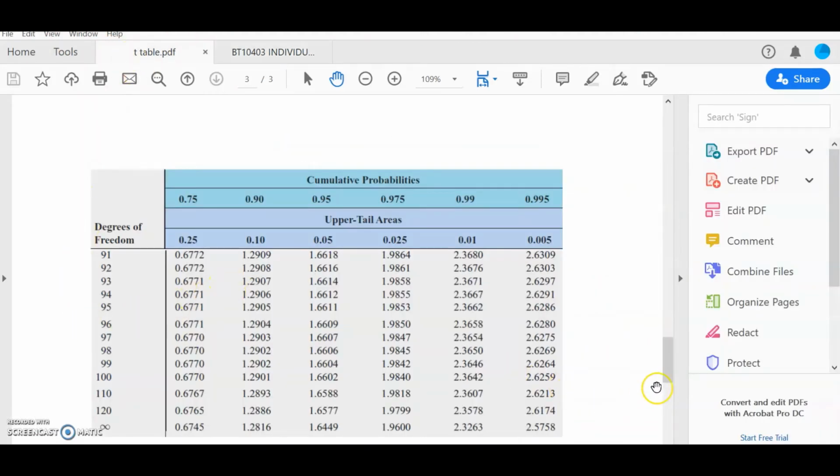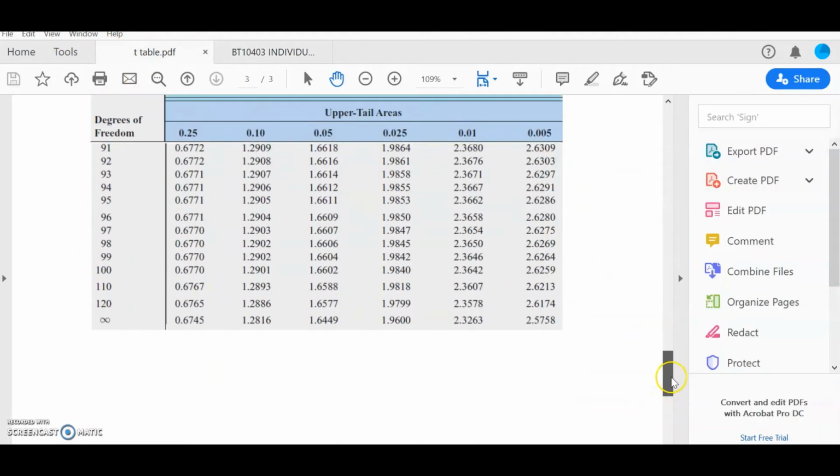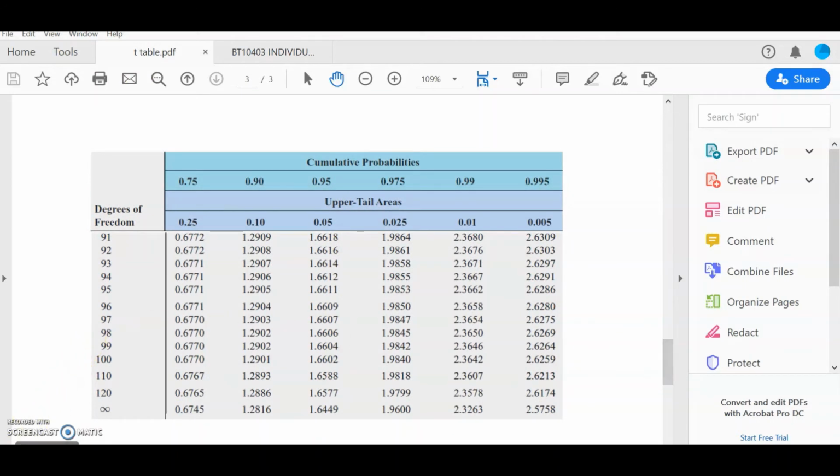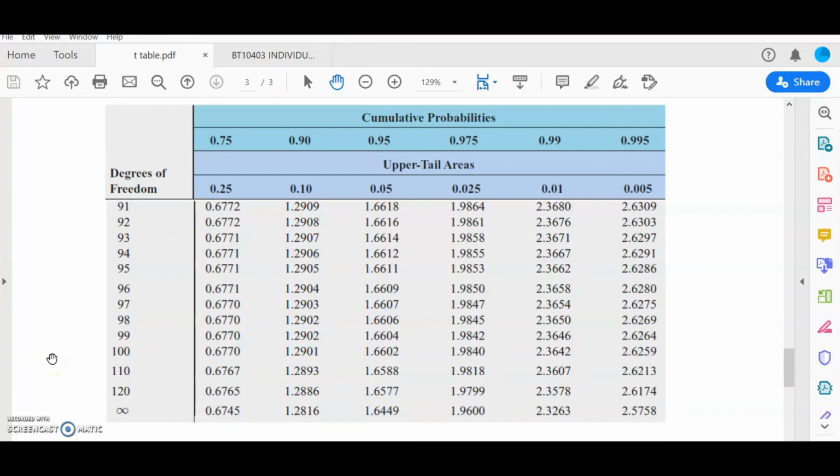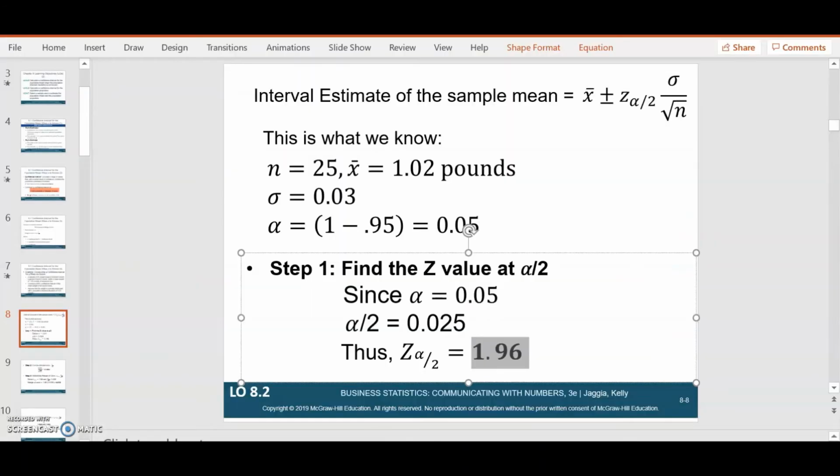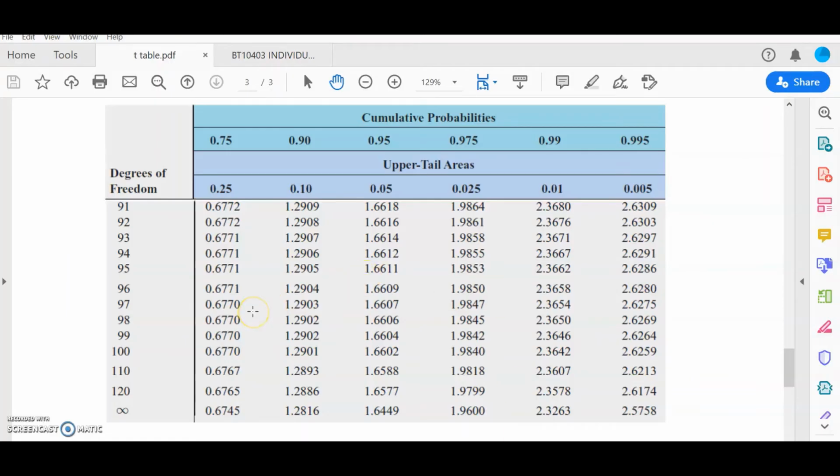So this is an example of a t-distribution table. In order to obtain the z-value from the t-distribution table, we have to know two key pieces of information. One is the degrees of freedom, and second, the level of significance.